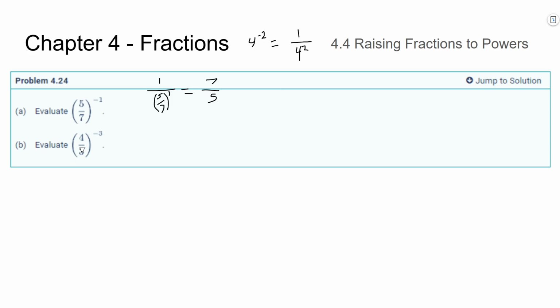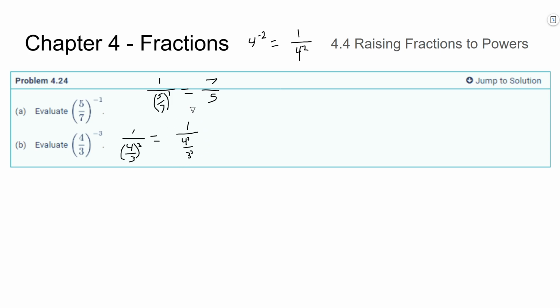Okay, so now let's try it this way. Let's do 1 over 4 over 3 cubed. Same thing as if we were doing something like this. We just have a fraction. Well, we know that if we cube this whole fraction, then it's going to leave us with 1 over 4 cubed over 3 cubed.